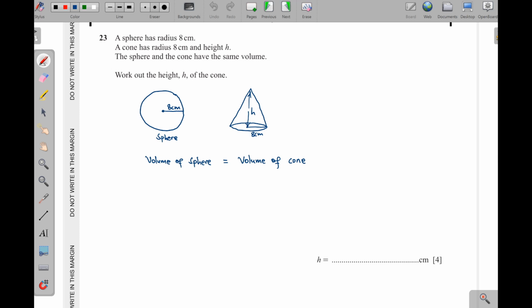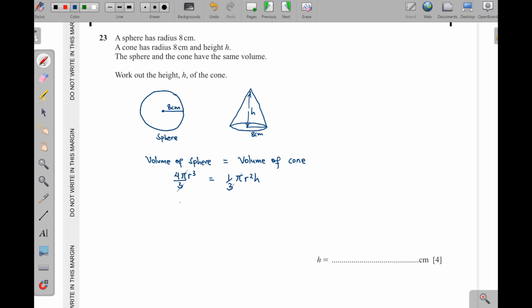We have seen that volume of the sphere is 4 pi r cubed, then over 3. Then volume of the cone is a third, then pi r squared h. Okay, now this 3 will cancel with this one, then the pi will also cancel with that pi.